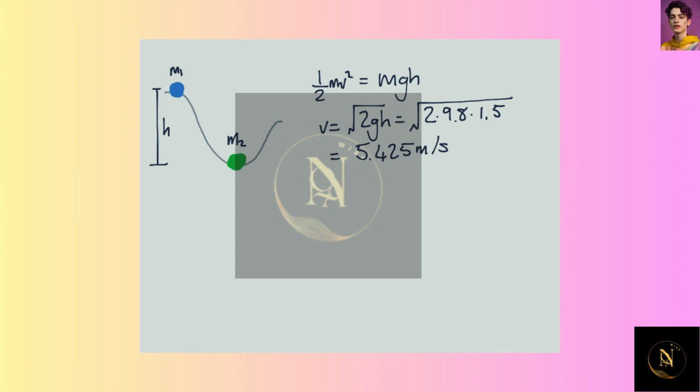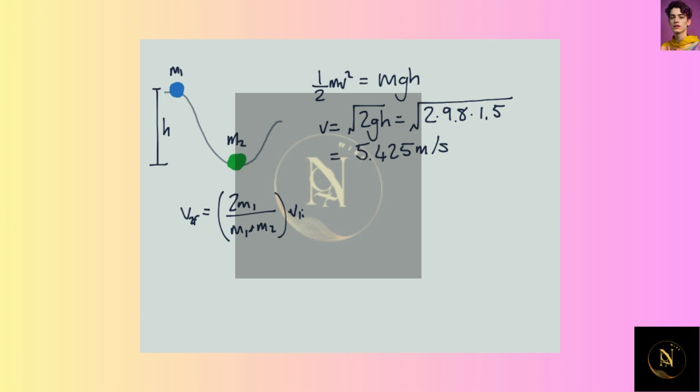Now, to find the final speed of the green ball, which is what we'll have to do in order to find the height at which it goes up, the initial speed of the green ball in this situation is zero, but the final speed after the collision is going to be equal to 2m1 over m1 plus m2, multiplied by the initial speed of the blue ball.